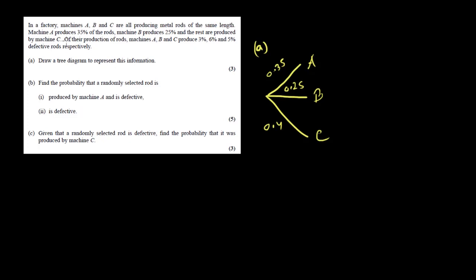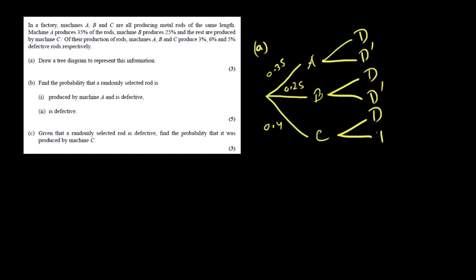Now what we have is, of their production of rods, machine A, B and C, they produce defective material. So they can be defective: yes, no, yes, no, yes, no, meaning defective or not defective. If it is machine A, the defective probability is 3%, that means 0.03.